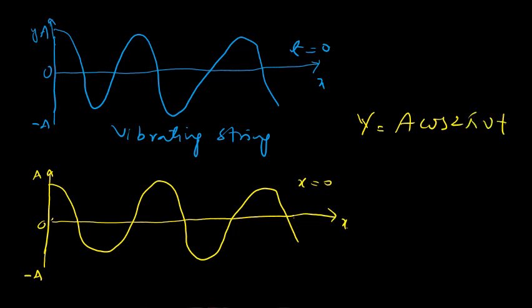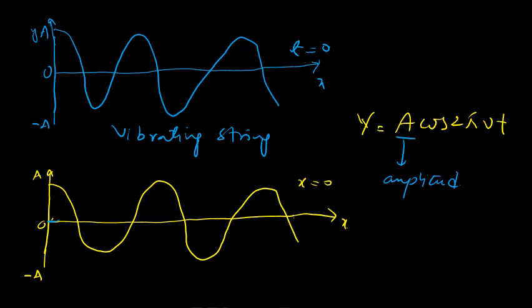Here a is the amplitude of the wave, that is the maximum displacement from the mean position. The maximum displacement at t equal to 0 corresponds to x equal to 0, about the central mean position.